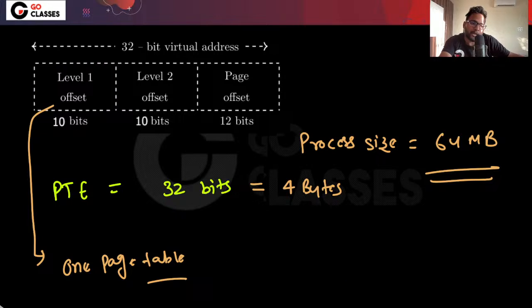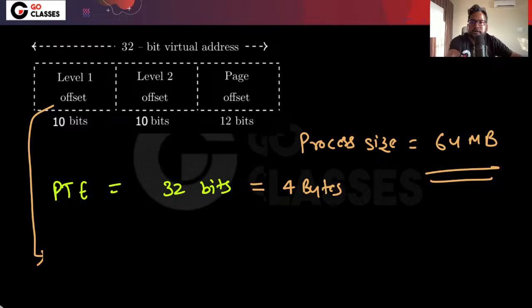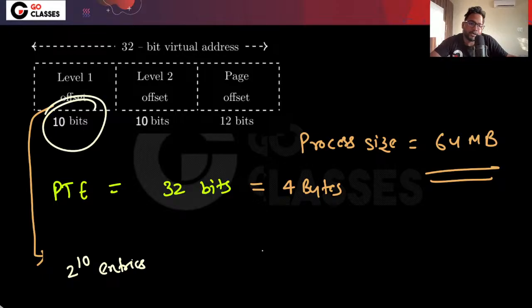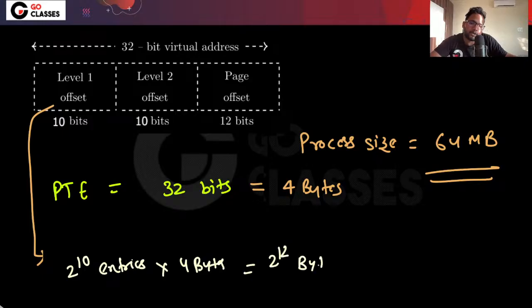There will be 2 power 10 entries, because of these 10 bits, and each entry will take 4 bytes. So 2 power 12 bytes, which is anyway one page. One page is basically 2 power 12 bytes only. Is this okay to everyone? This will be taking 2 power 12 bytes. Let me know if that is fine.